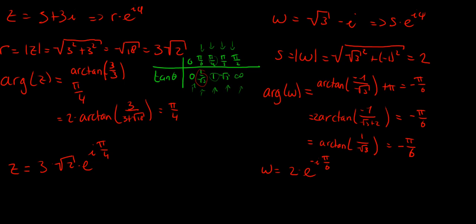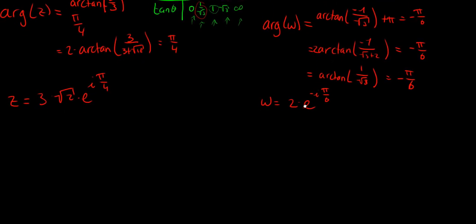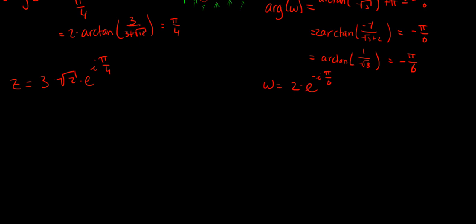Well, recall how we would multiply complex numbers. If we were to multiply two complex numbers, we had all these a times c minus b times d, etc., etc.